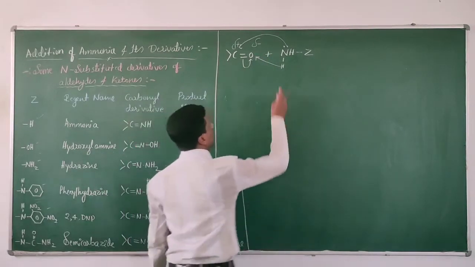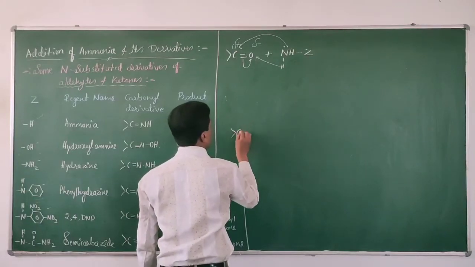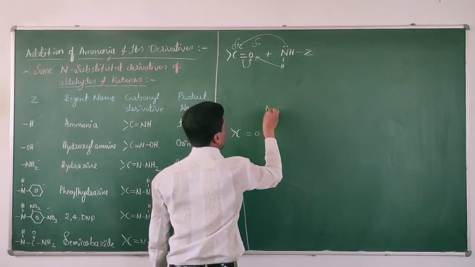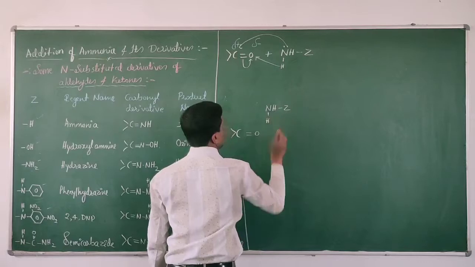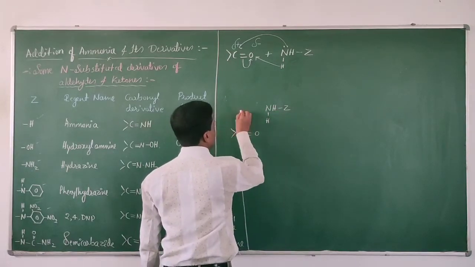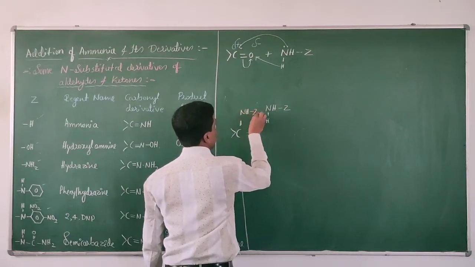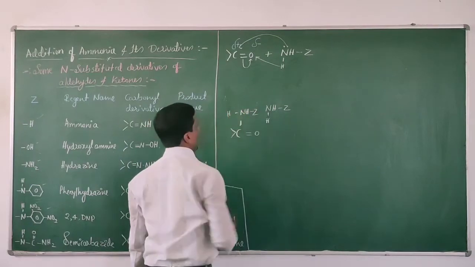When this NH2Z adds here, the compound becomes like this, NHZ, and now this has hydrogen.